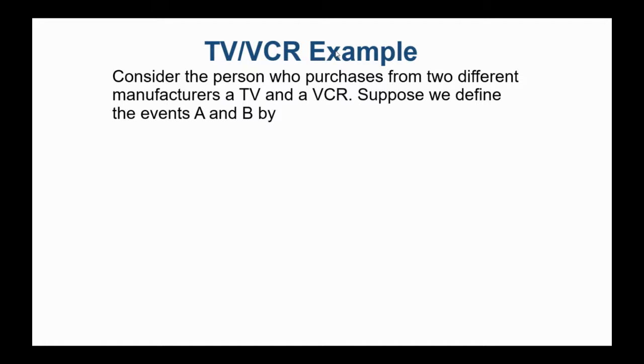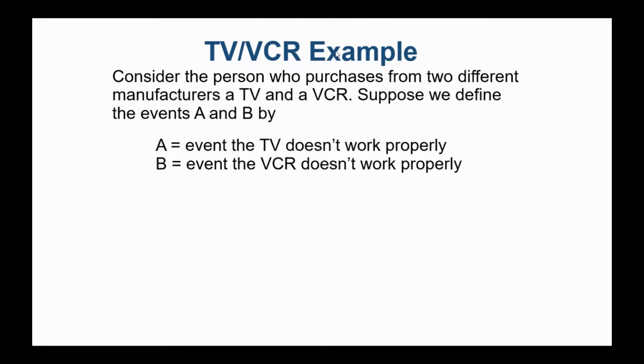So let's consider a person who purchases from two different manufacturers, a TV and a VCR. Suppose we define the events A and B. A is the event that the TV doesn't work. B is the event that the VCR doesn't work.